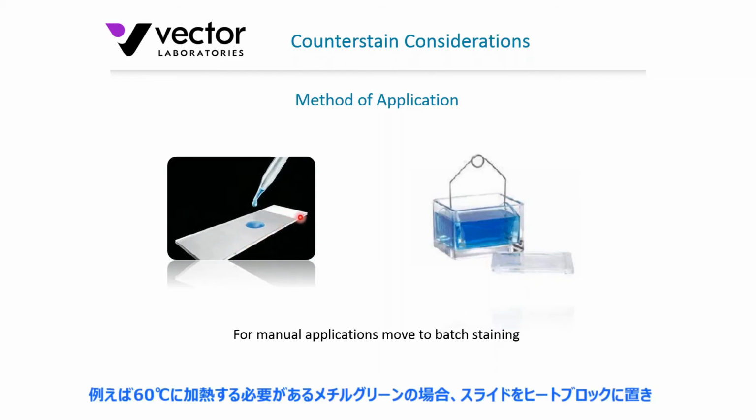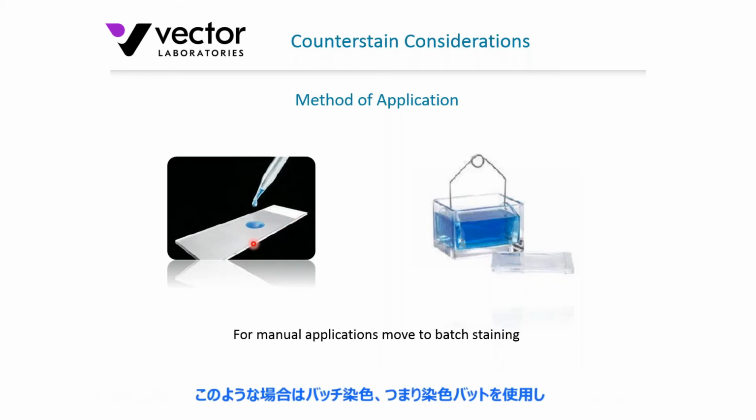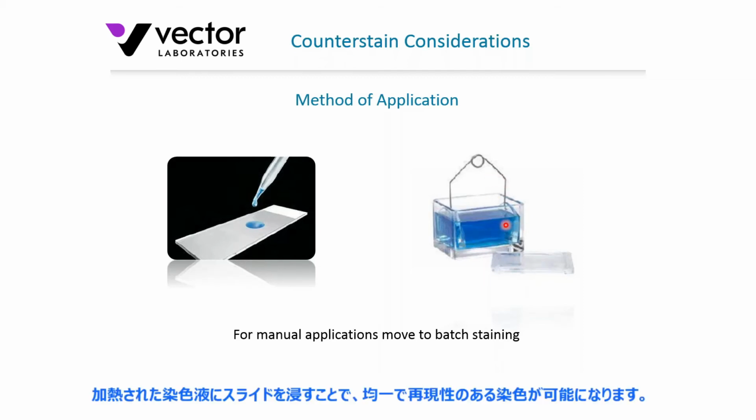Some investigators put a slide like this on a heat block, then apply the methyl green that requires heating to 60 degrees, and then they take it off after a given period of time and notice that there is no sufficient uptake of stain. For something like this, I'd highly recommend a batch staining where you put the slides in a slide dish, submerge them in a volume of heated counterstain, 300 to 500 mLs, so you get uniformity and consistency across all of your slides.